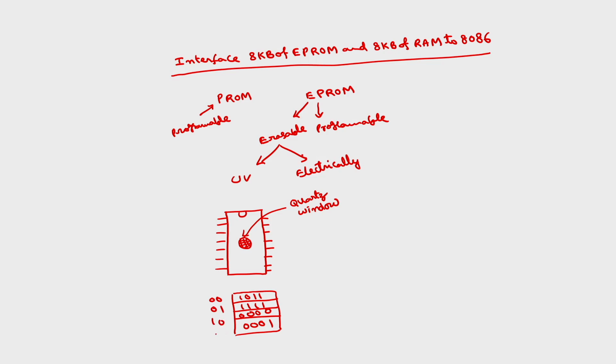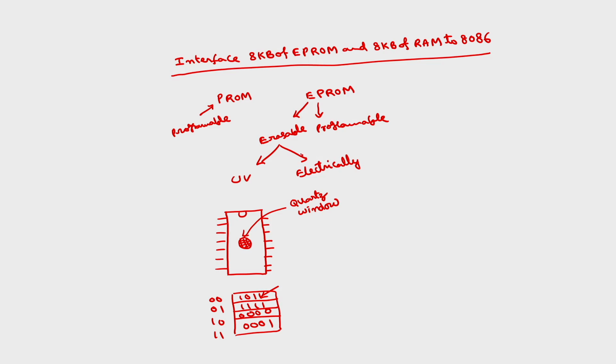Suppose I want to erase only a single bit, that is not possible. In the case of ultraviolet erasing, the entire data will be erased. That is the drawback of this one.